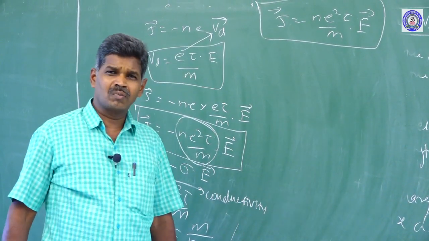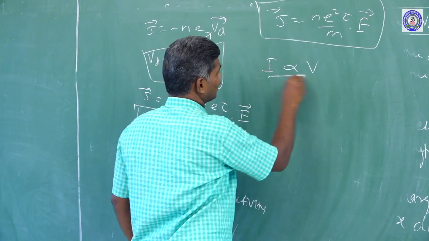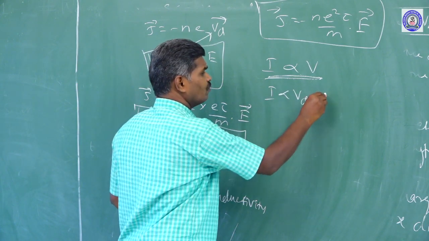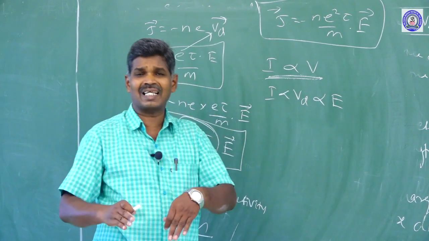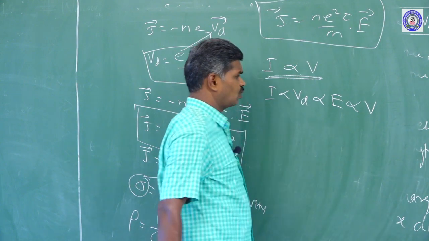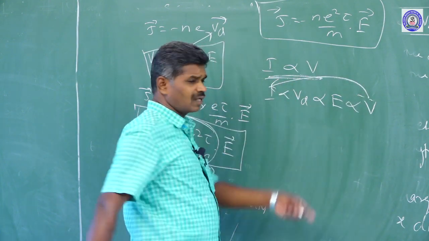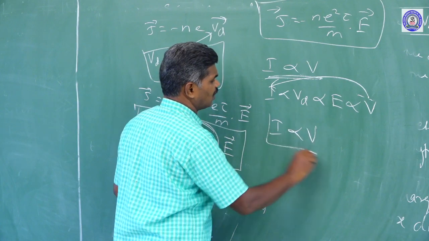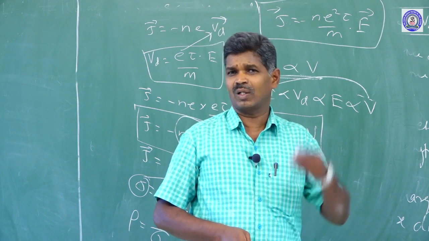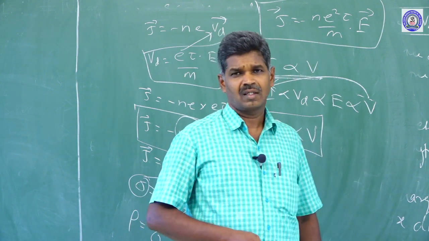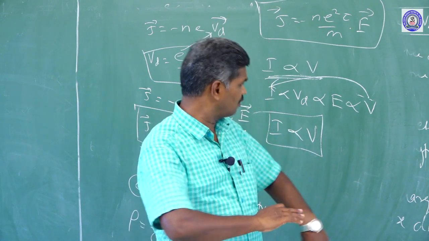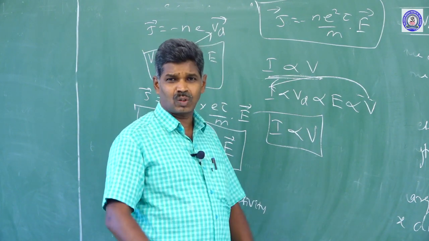We know Ohm's law: I is proportional to V. Our expression gives I proportional to Vd, and Vd proportional to E. For a given conductor, length remains constant and electric field is proportional to V. So these are related, and we get Ohm's law, I is proportional to V, at a given temperature, because only at a given temperature does drift velocity remain constant. Mobility changes with temperature, so drift velocity changes and conductivity also changes.